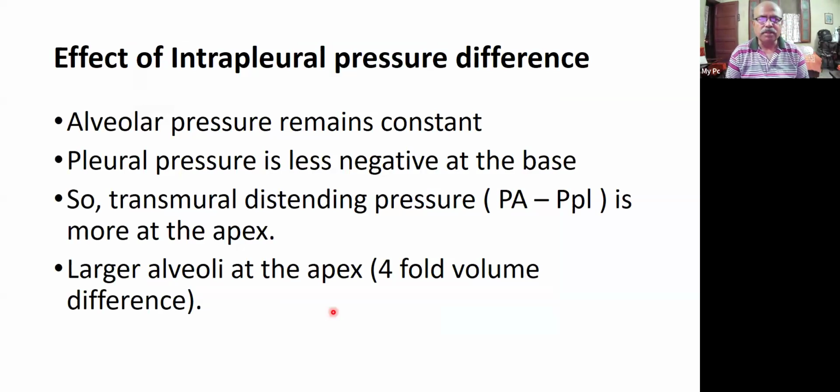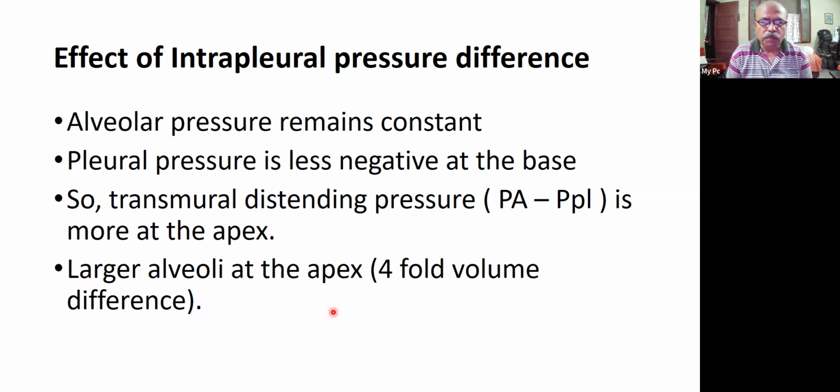Alveolar pressure remains constant. The pleural pressure is less negative at the base. The transmural distending pressure, that is the alveolar pressure minus the pleural pressure, is more at the apex, and the alveoli are larger at the apex, because the more negative intrapleural pressure in the apical region causes more traction on the alveoli. So they become more distended.